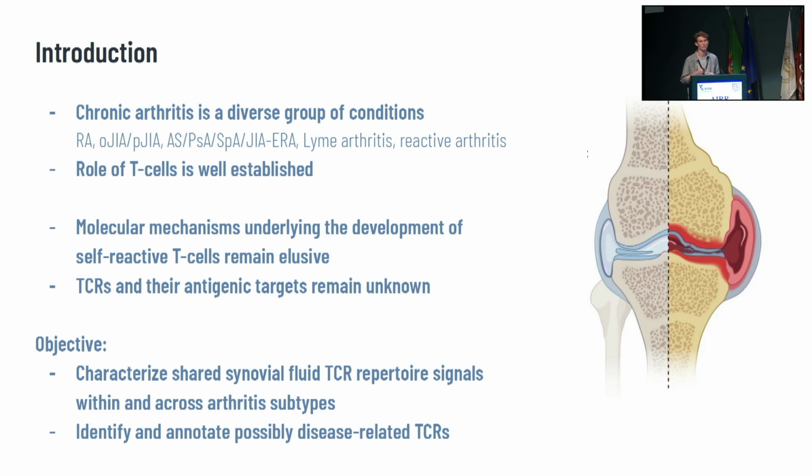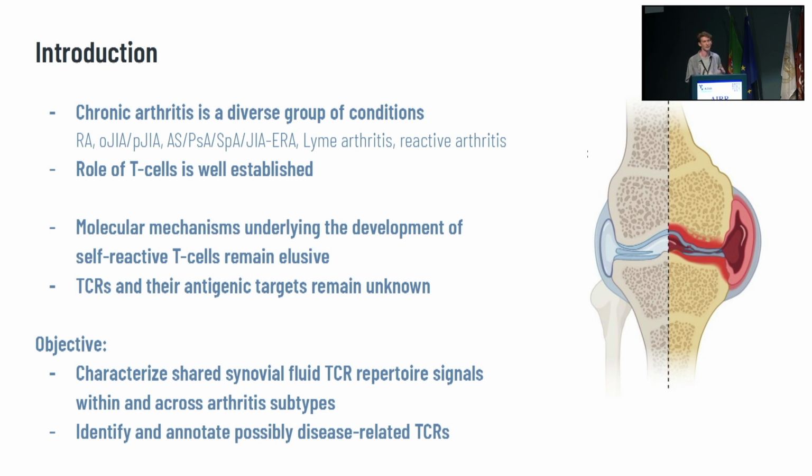There have been many interesting studies, but mostly the molecular mechanisms and the exact T cells and T cell receptors that drive this disease are still unknown, as well as their antigenic targets. So as our main objective, we said, okay, from these different groups of patients, can we characterize TCR signatures that are shared between different patients and can delineate patient subgroups?